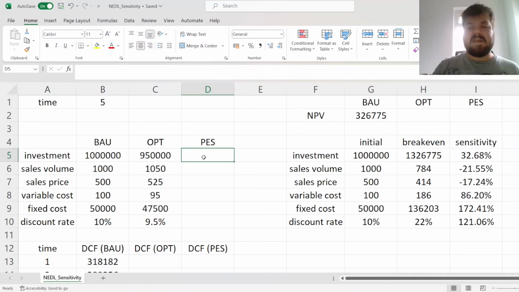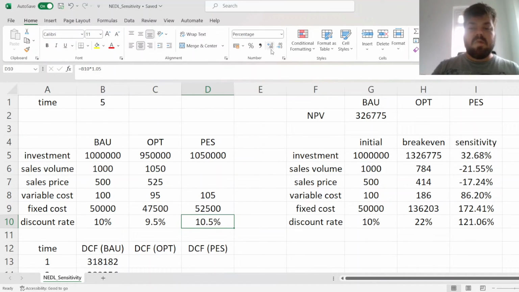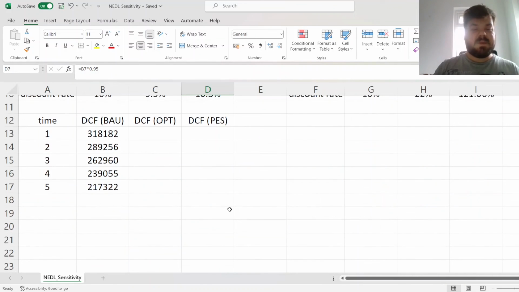Whereas for the pessimistic scenario, we construct a nightmare case where our investment amount, our variable cost, our fixed cost, and our discount rate all go up by 5%, whereas our sales volume and our sales price go down by 5%, meaning that we have to spend more, produce our product at a greater cost, both fixed and variable, our discount rate is higher, and we can sell less of it at a lower price.